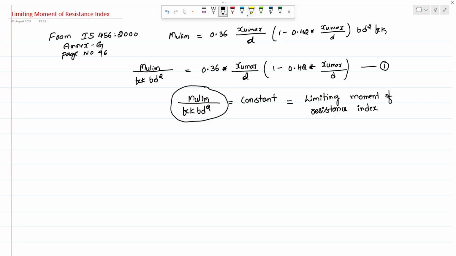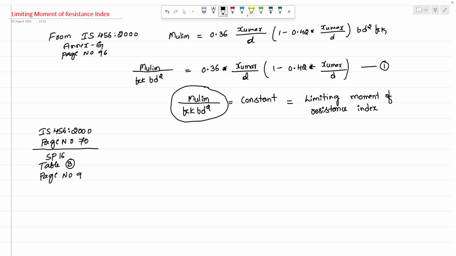Clear? So again, if you refer IS 456:2000, page number 70, or you can refer SP 16, table B on page number 9.